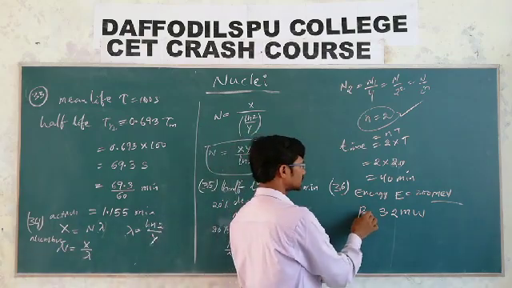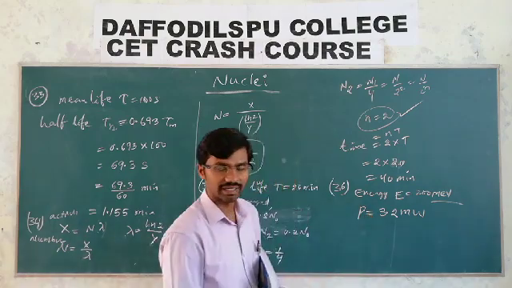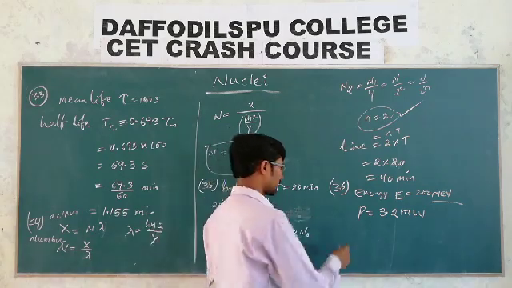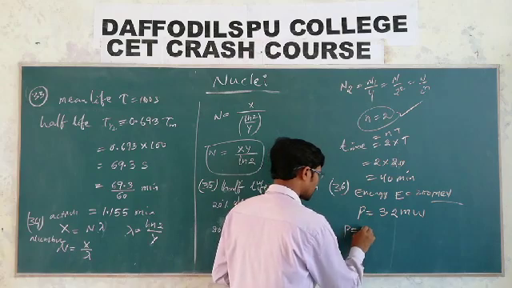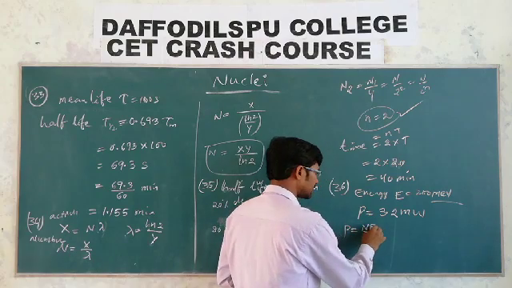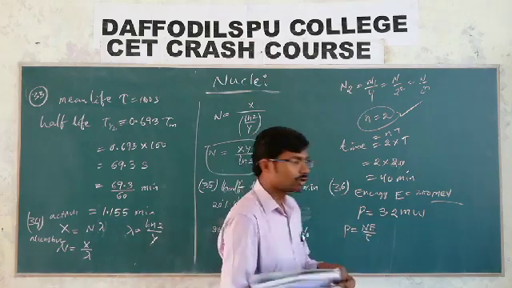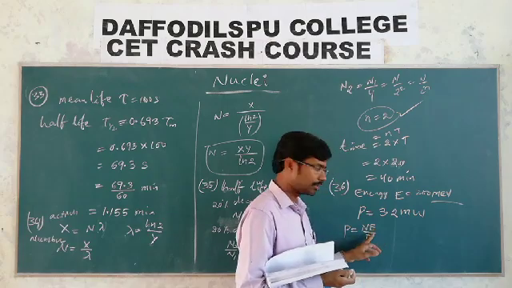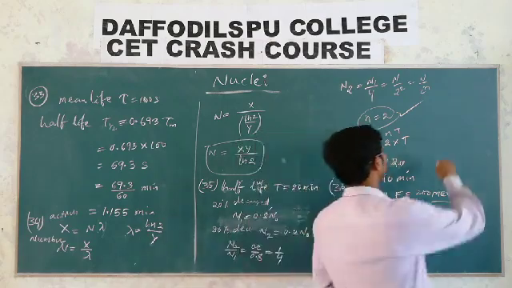To produce 3.2 milliwatt, what would be the number of fissions? We need to find it. Power is n into E by t, that means energy released per unit time. For one fission the energy is E, so for n fissions the energy is nE by t. Now we need to find power.